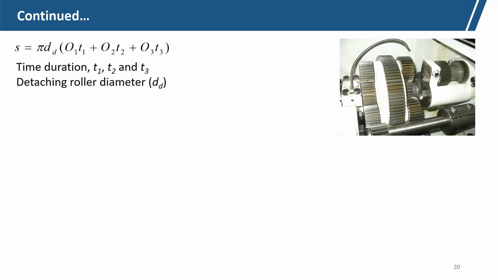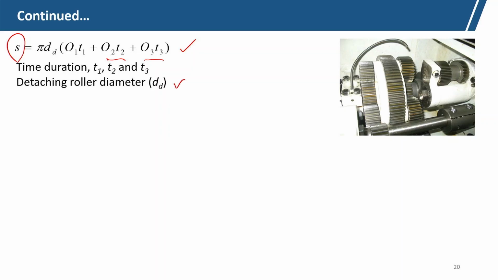So, the effective movement of the detaching roller will be pi d multiplied by O1 T1 plus O2 T2 plus O3 T3, where the time durations are T1, T2, T3 and the detaching roller diameter is d.